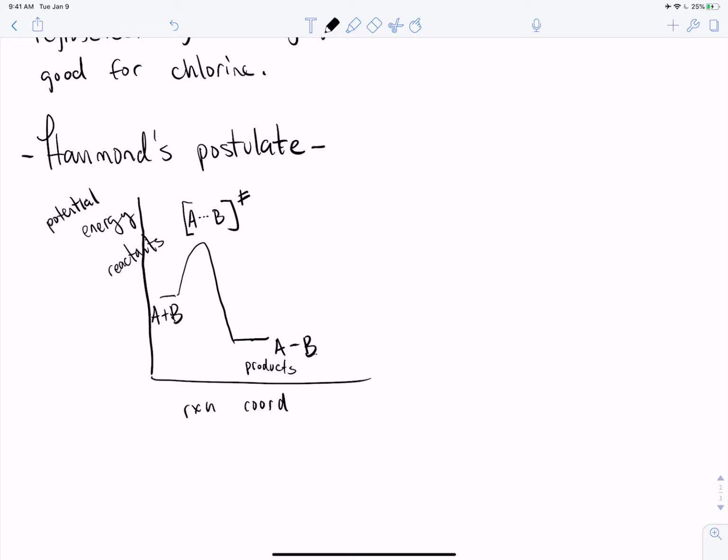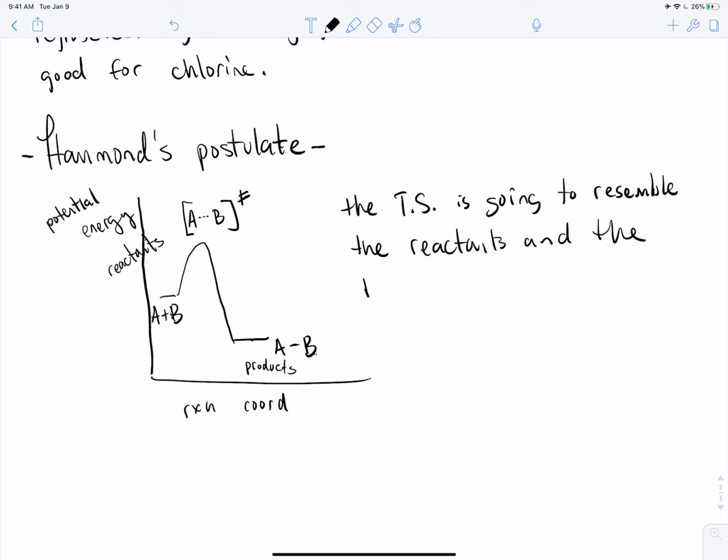All Hammond's postulate says is that the transition state is going to resemble the reactants and the products. So let's just start there.